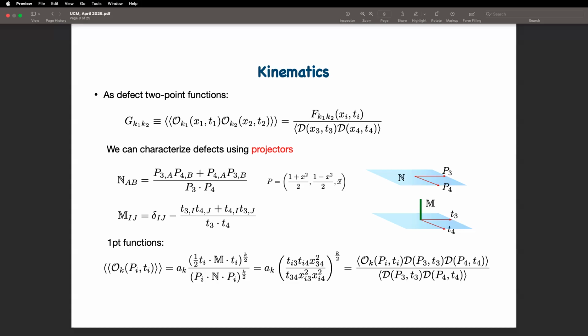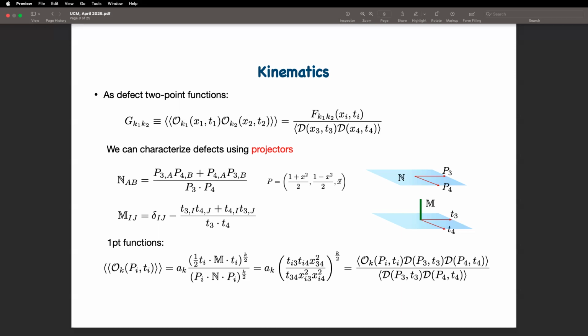So using just P, T, M and N, you find there's not much you can write down for the one-point function. By the way, for these defect correlators, I'm using double brackets to distinguish from the defect-free case.